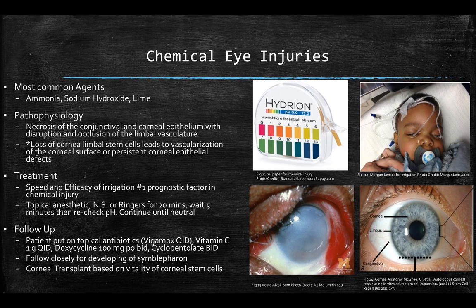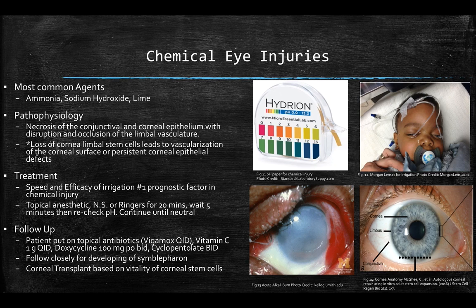So in a normal eye, your cornea is being replenished by this reservoir of epithelial stem cells every 3 to 7 days. In ophthalmology, we debate a little bit about the statistics, but in general, if you have up to 2 to 3 clock hours preserved of limbal stem cell function, then you're going to be fine.